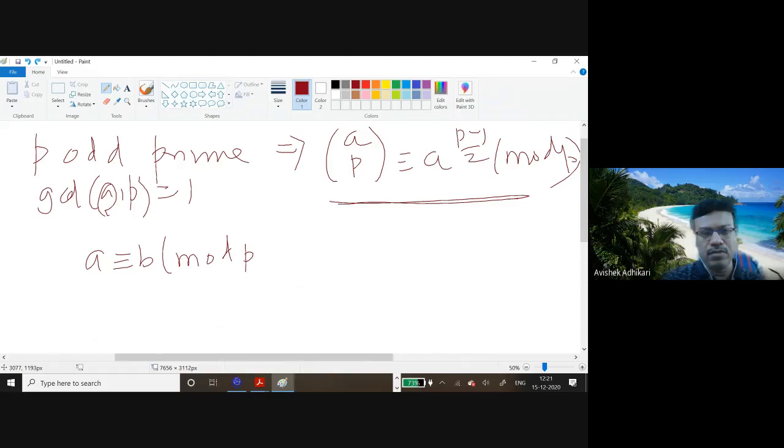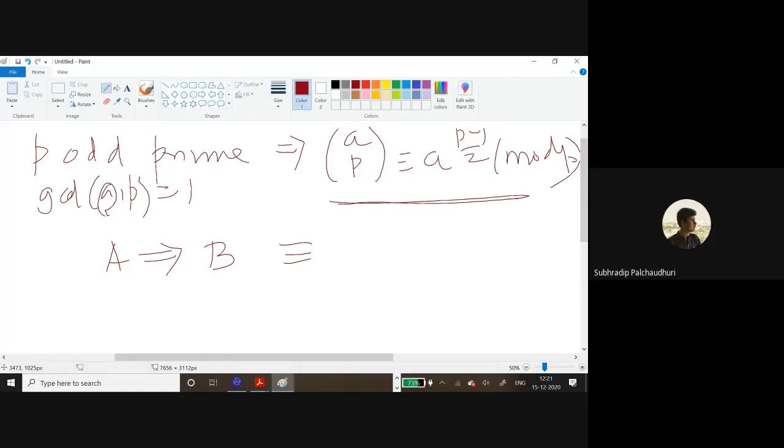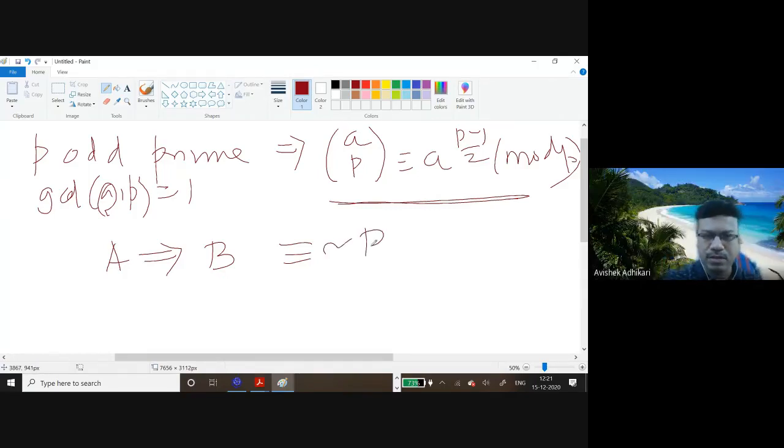Now tell me in terms of logical sense, if we have a statement A implies B, what is the equivalent logical statement in terms of negation? What can you tell about negation A, negation B? Any relation? Somebody? Very often, yes: negation of B implies negation of A. Exactly.